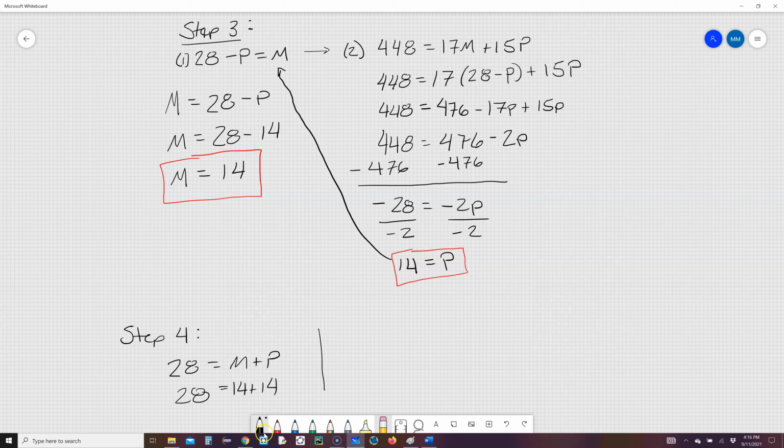So check the second one. So it said it was 448. 17 times M plus 15 times P is 448 equal to 17 times 14 plus 15 times 14.